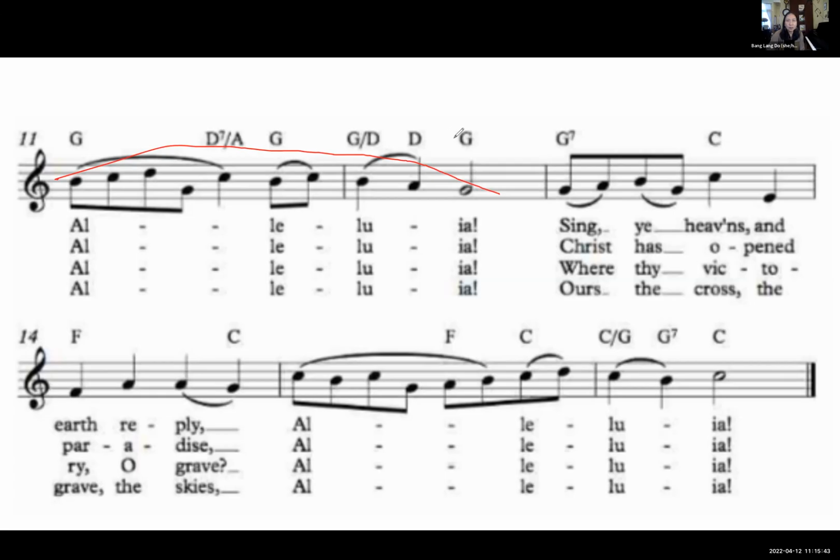So what is this cadence? G is actually chord 5 in C major, isn't it? And D here is actually what we call secondary dominant, meaning it's the 5 of the 5. Because in C major, your D is supposed to be a D minor, right?